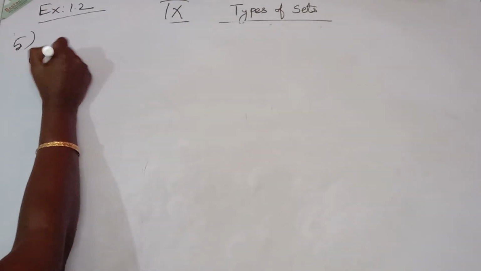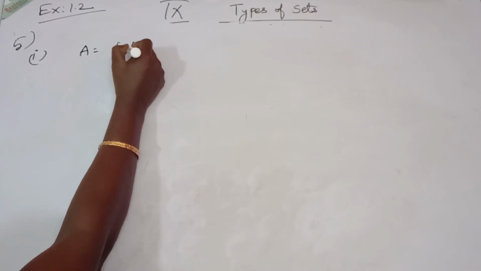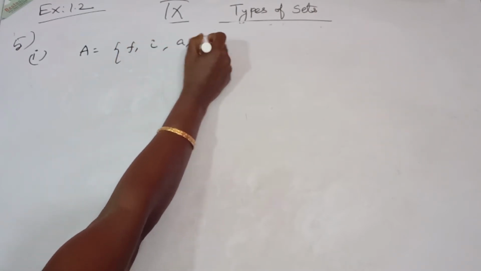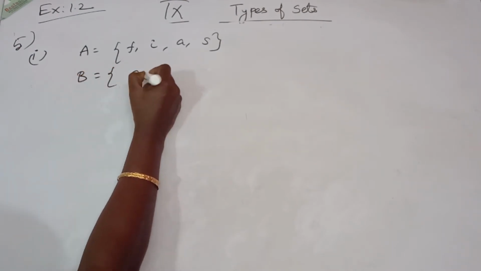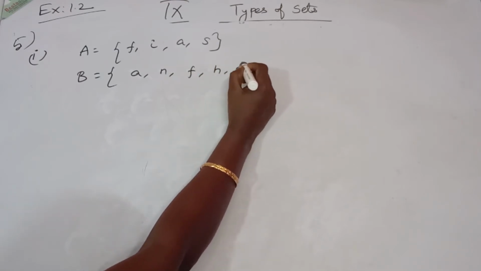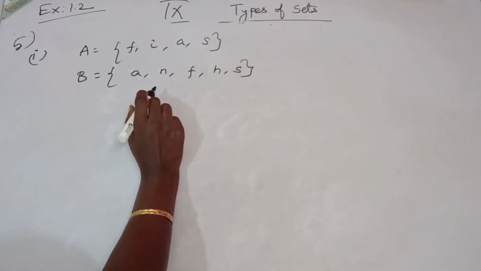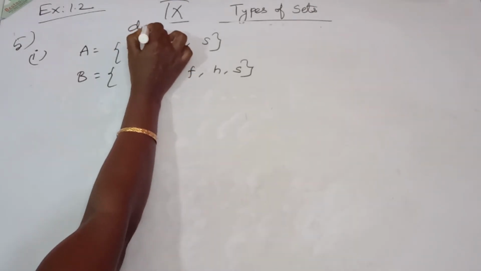A equals {F, I, A, S} and set B equals {A, N, F, H, S}. They have asked which pairs of sets are disjoint or overlapping.